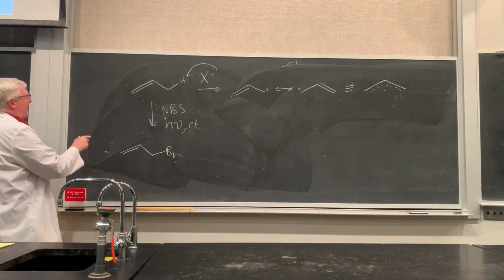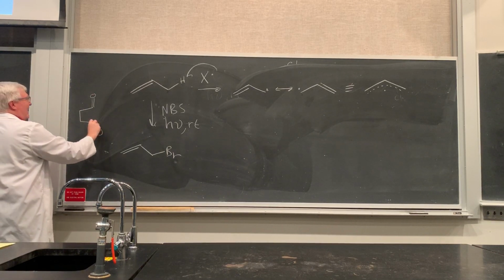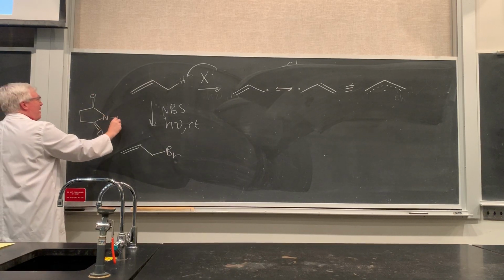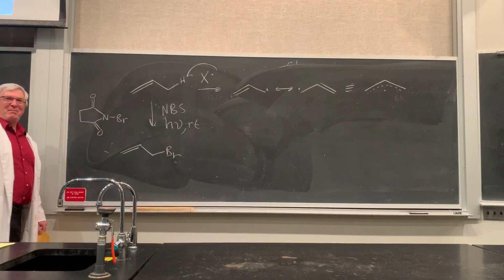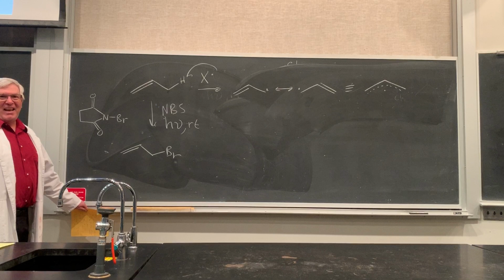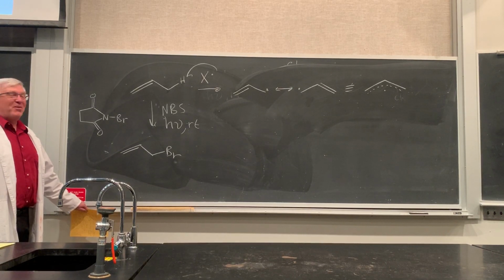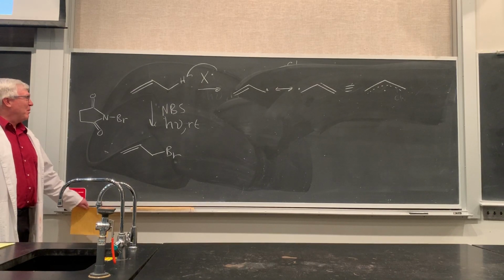Now remember what NBS is, N-bromosuccinimide. Where did we see this before? Let's see if you remember that. NBS we saw before when we did halohydrin reactions, bromohydrins, when we reacted NBS and water with an alkene. That was a heterolytic process with carbocation intermediates, with a bromonium ion.